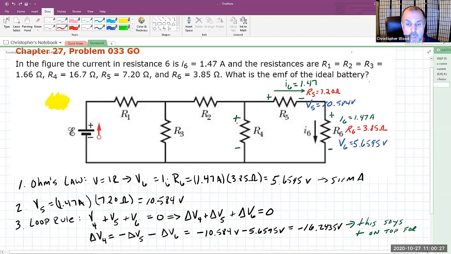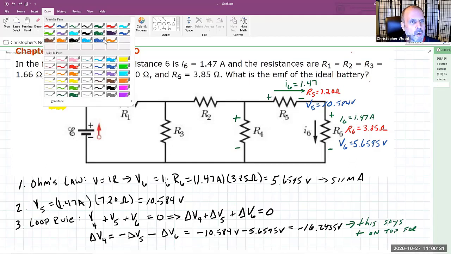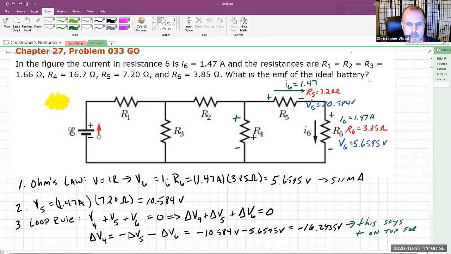All right, anyway, so now I know my current direction. Great news. I know how to draw my current. I'm going to draw my current going down. Ta-da! I know that has to be the case. So I'm just going to call this I4. And I'll try to stick to capitals. I4.